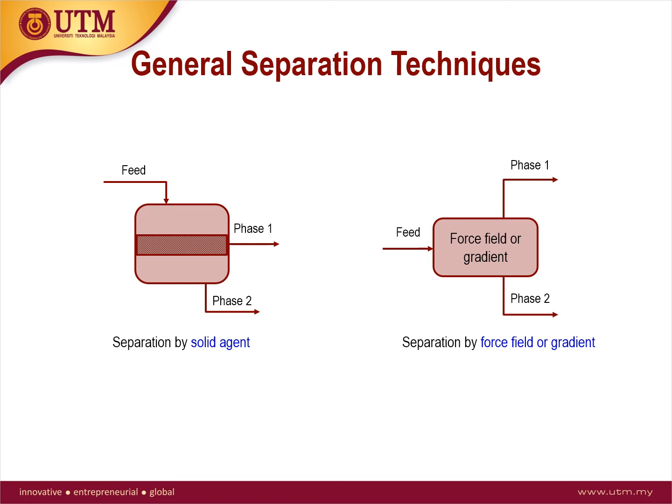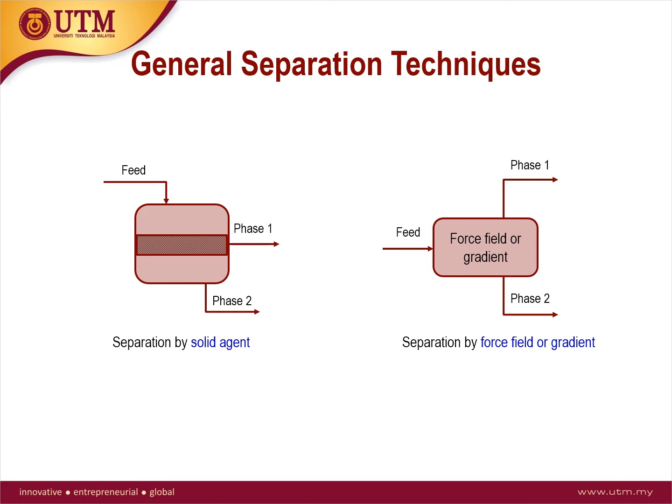The first example of this type of separation by force field or gradient is centrifugation. For centrifugation, it applies external energy, so-called centrifugal force field, to separate according to the molecular weight of the component. For example, separation of uranium isotopes and separation of plasma from blood.